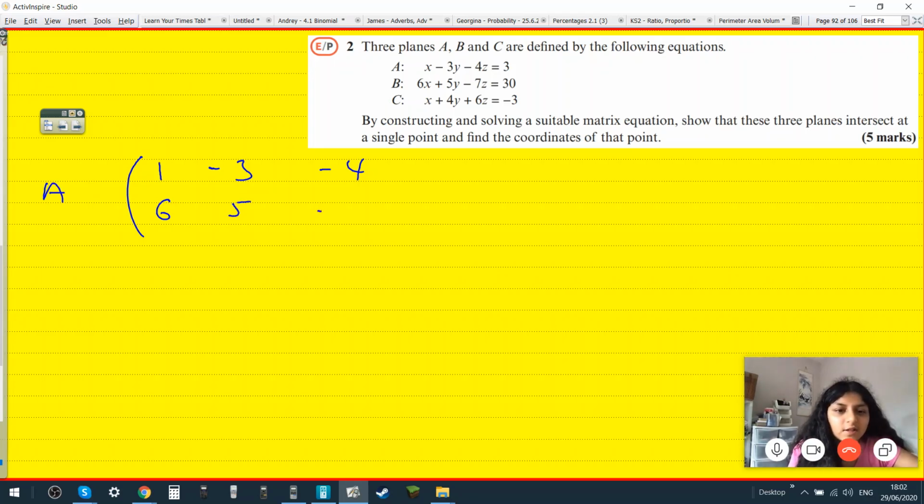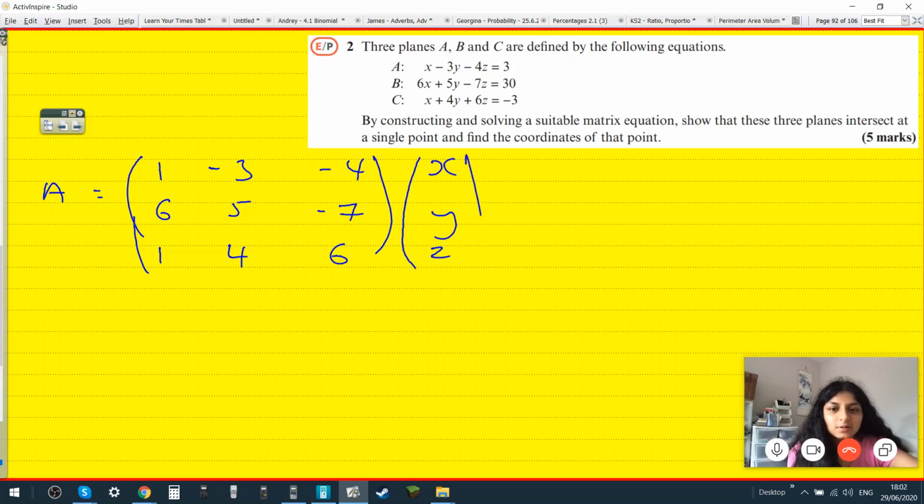5, minus 7. So this matrix is A, right? I'm just calling it A. 1, 4, 6. Then X, Y, Z, and then that times X, Y, Z is equal to 3, 30, minus 3.